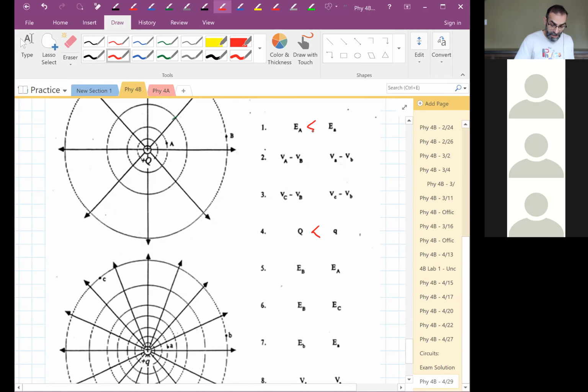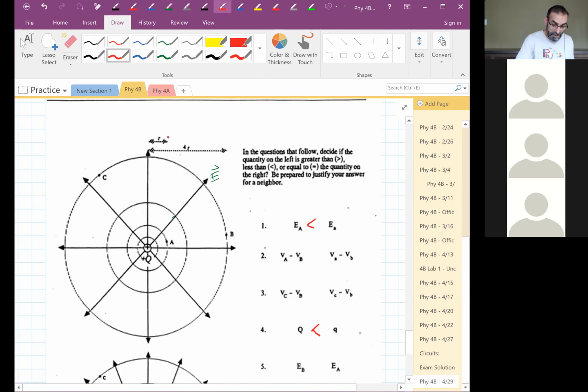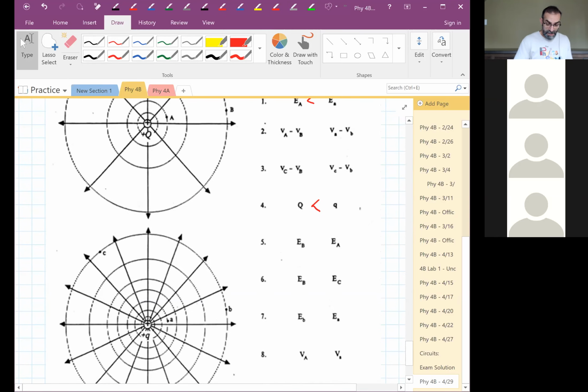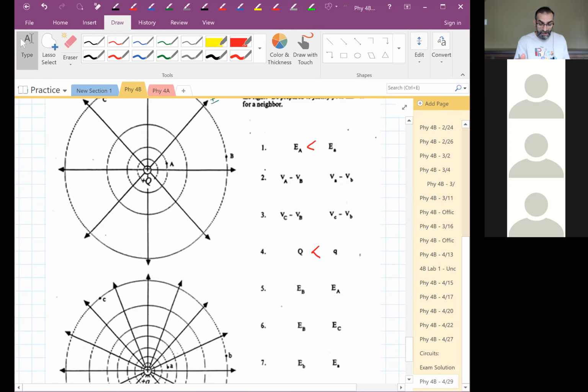The radii here are the same. We're this distance away from the charge in both cases. But one of the charges is much bigger than the other one, right? Lowercase q is bigger in magnitude than the capital Q. So we're going to get a bigger electric field there.